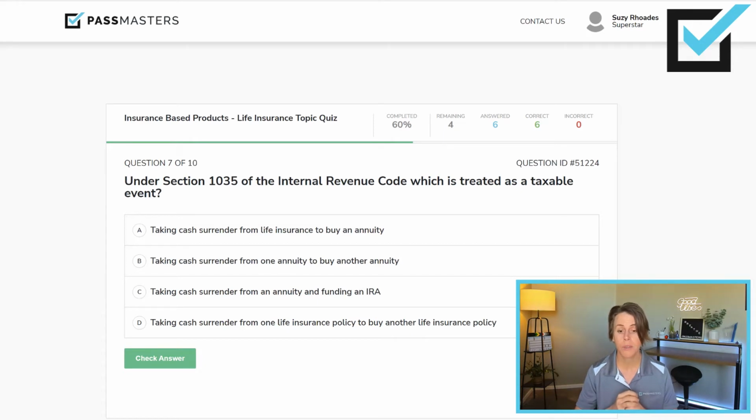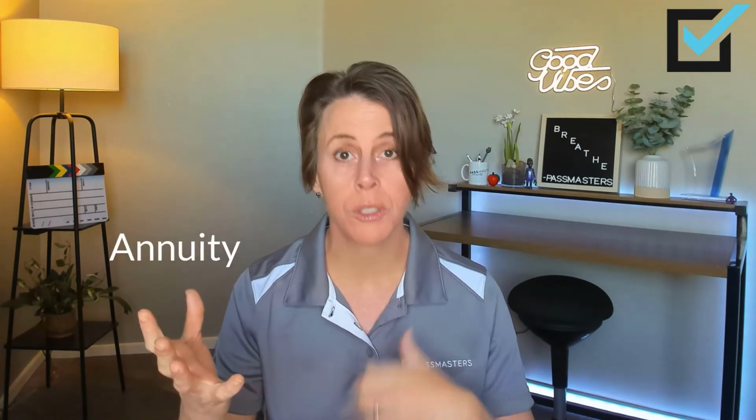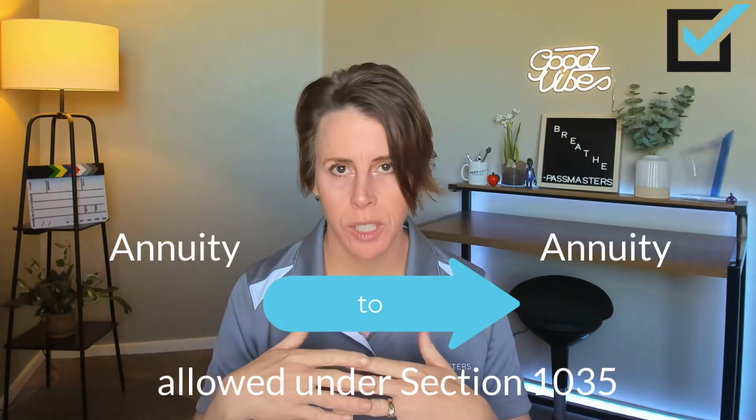Taking cash surrender from an annuity and funding an IRA. I'm going to put a question mark by that one. Taking cash surrender from one life insurance policy to buy another life insurance policy. That is allowed. So it's easy to remember: you can go from an annuity to an annuity under Section 1035.